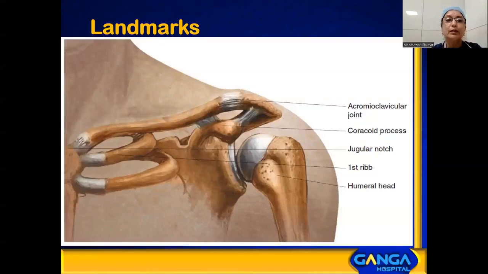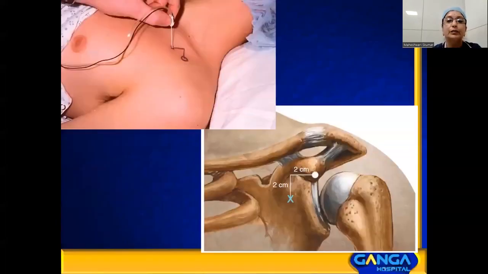The most important landmark when we do the infraclavicular block is the coracoid process. So, how do you feel for this coracoid process? When the patient is lying supine, with one of our hands, we palpate below the clavicle and keep moving from the medial to the lateral side towards the shoulder.